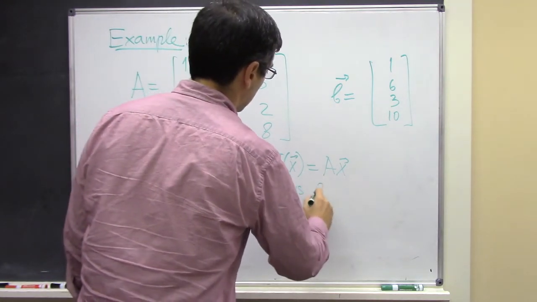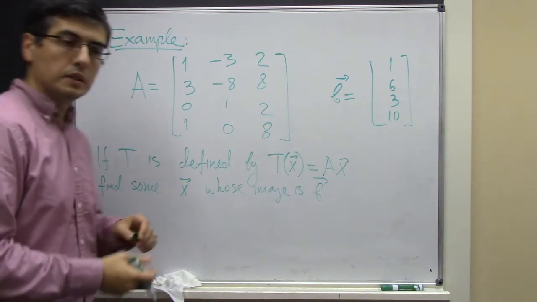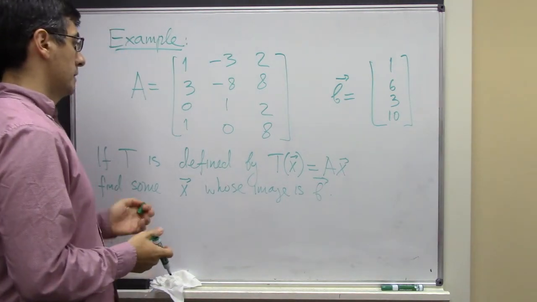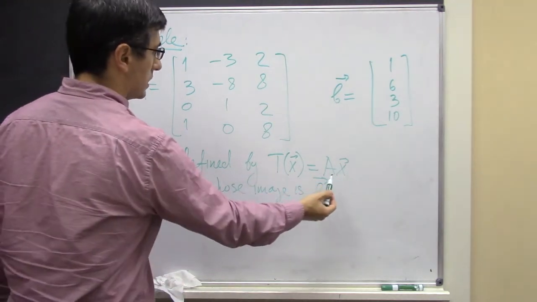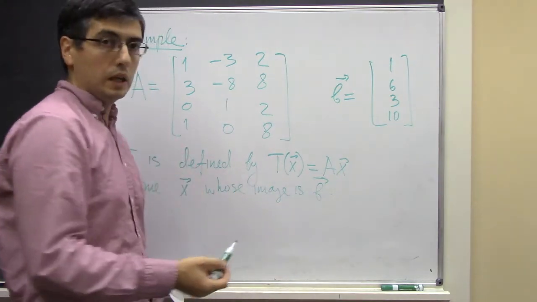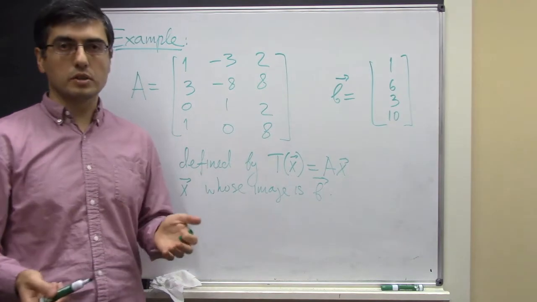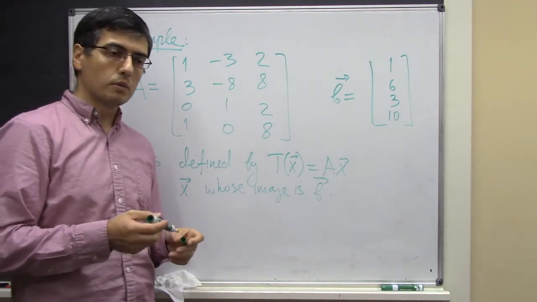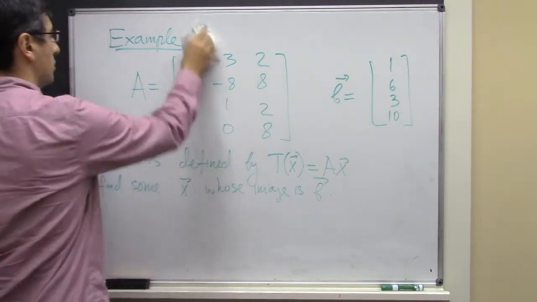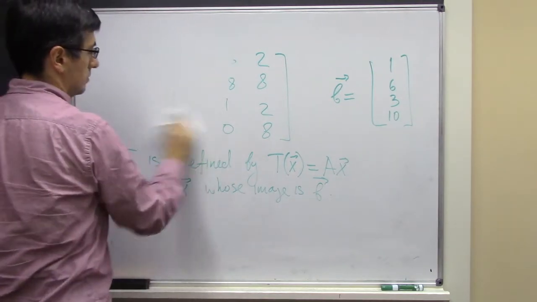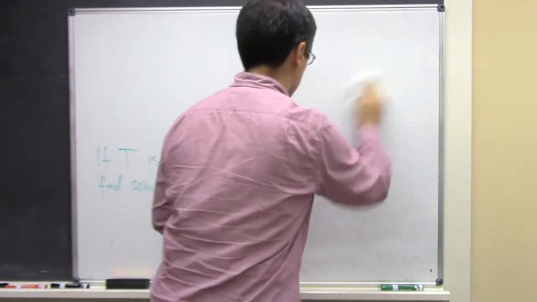This is a typical question that you might get about linear transformations. What you need to do is find x such that Ax is equal to b. But this is just a matrix equation, and we know that a matrix equation is equivalent to solving a system of linear equations. This reduces again to echelon forms and reduced echelon forms and so on.